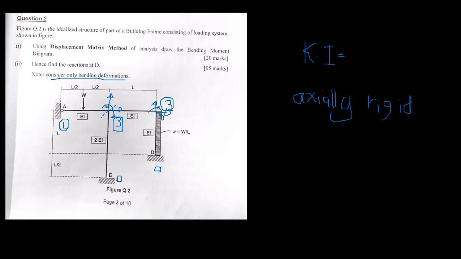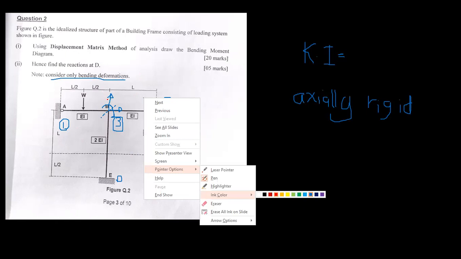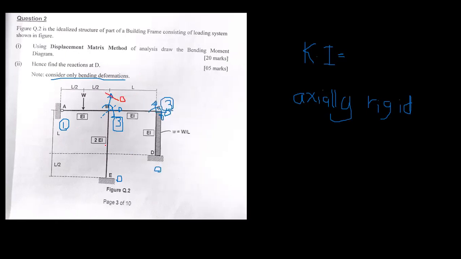So if this member is axially rigid, this vertical translation is going to be 0, because these members cannot elongate. The elongation is negligible, axially rigid. And the horizontal translation as well, these members are axially rigid, so the horizontal translation is also 0.